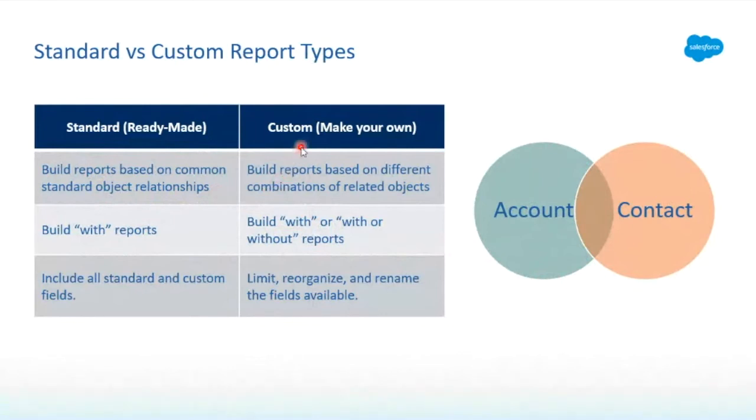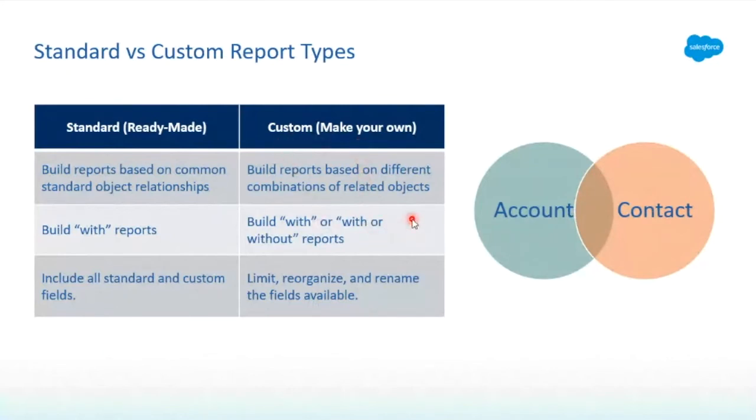But if you are building any custom reports with a different type of relationship with outer join, then you should use custom report types. And here you can also do different combinations, like account with contact with activity. So you can go up to 4 levels of relationships, parent to child. So up to 4 depth levels you can create a custom report type as well. That's again a benefit you get when you create a custom report type.